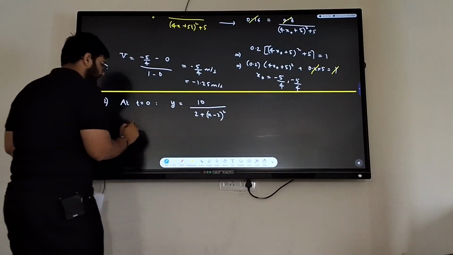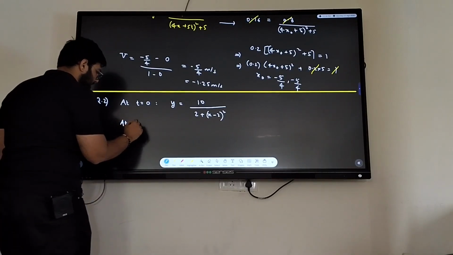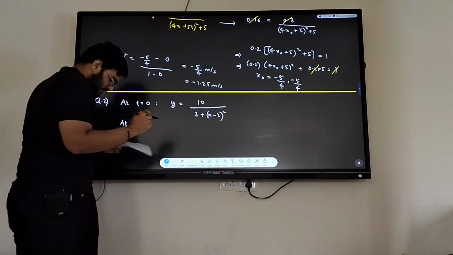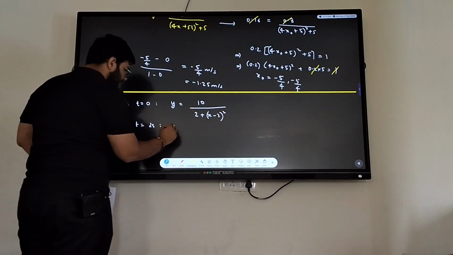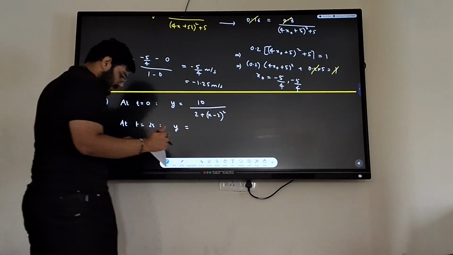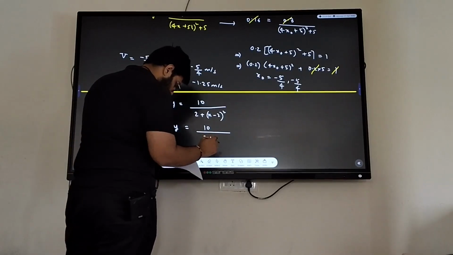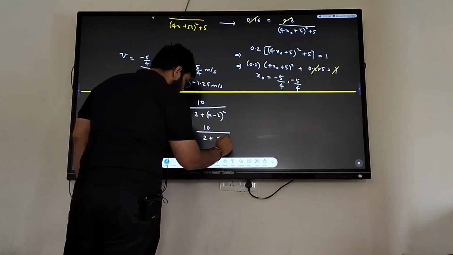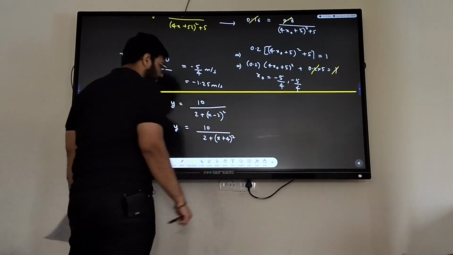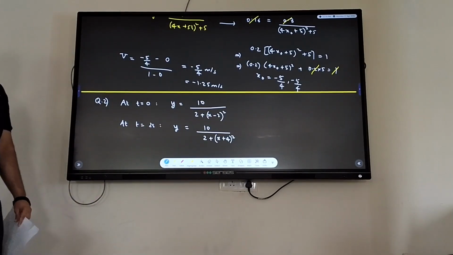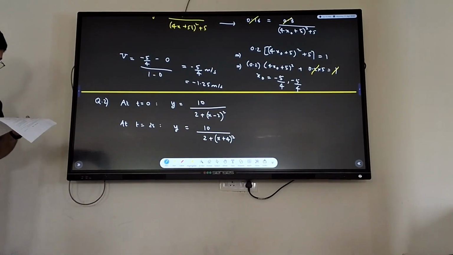This function is given. And at t equal to 2 seconds, y is 10 over 2 plus (x plus 4) whole squared. Is it okay? Then they are asking to find what?